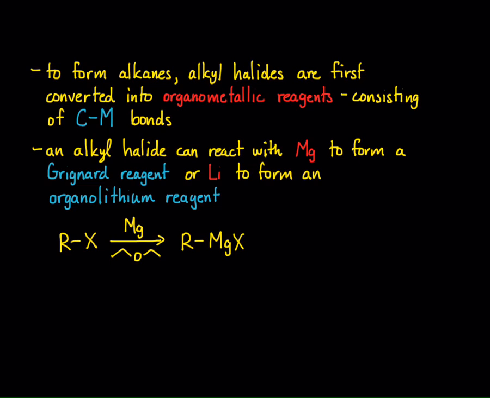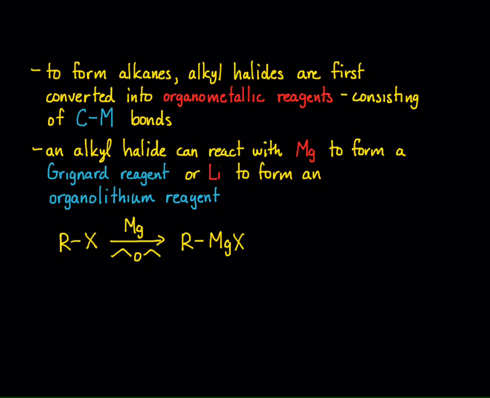Grignard reagents are salts, which is why we're using diethyl ether. It's a small ether, so it's somewhat polar, and it can actually stabilize the Grignard reagent. The electrons on the oxygen can donate to the magnesium to stabilize any positive charge that's associated with it. So this is called a Grignard reagent.